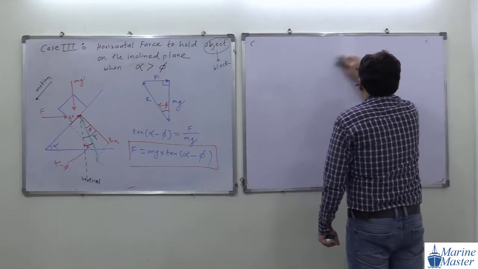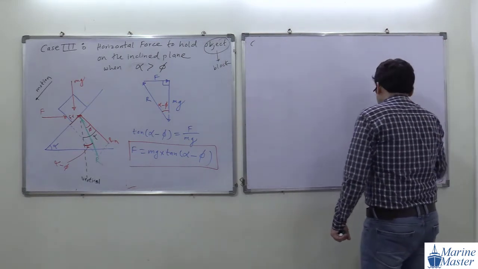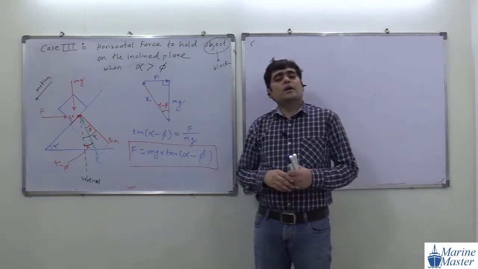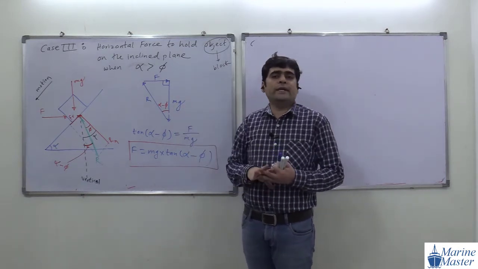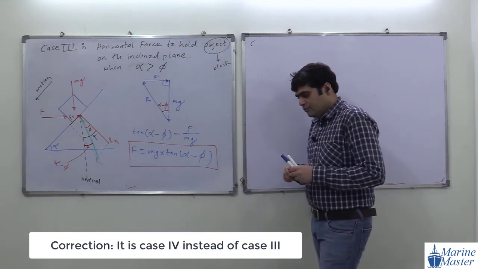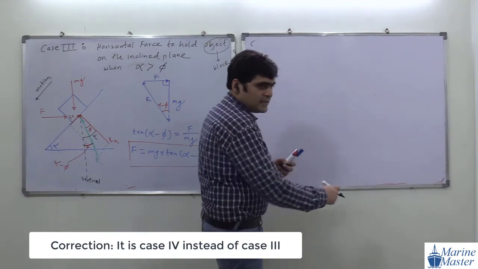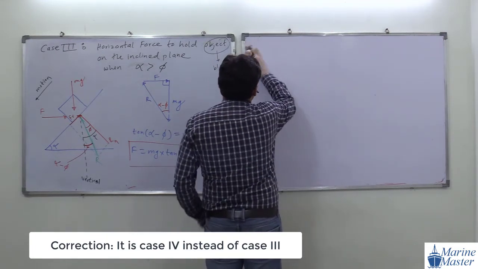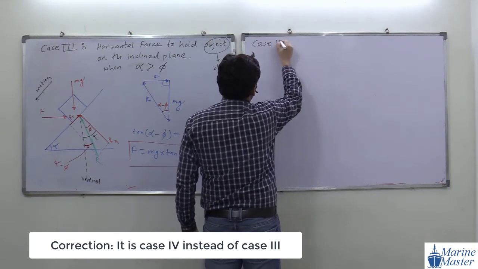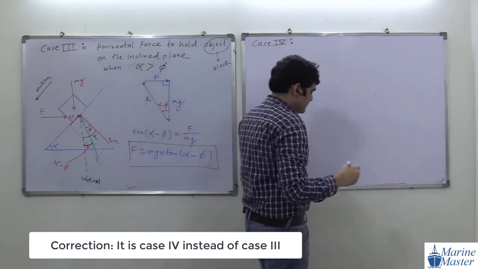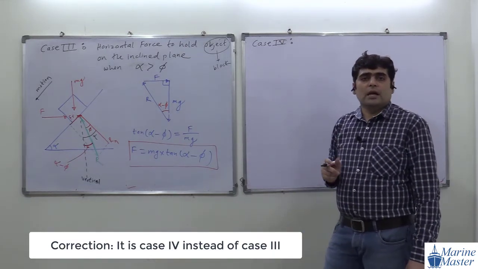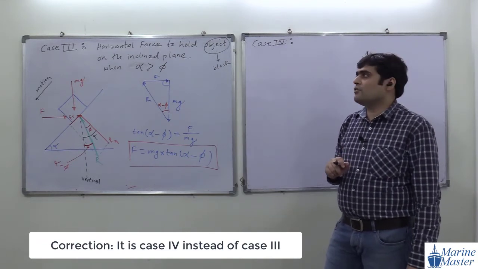Sorry, not case 3, case 4. Here in case 4, phi is greater than alpha.